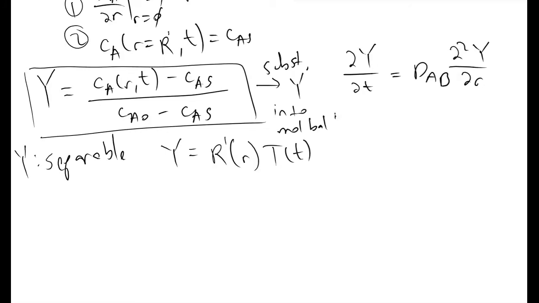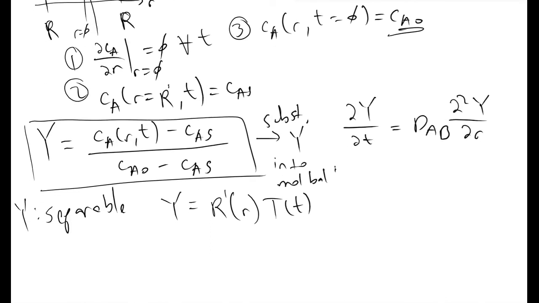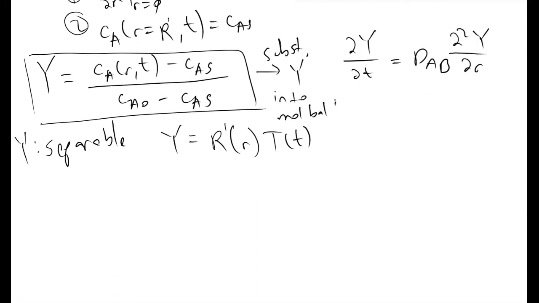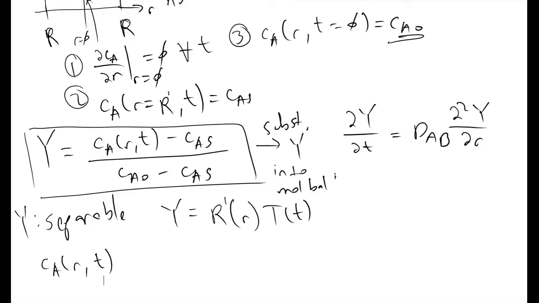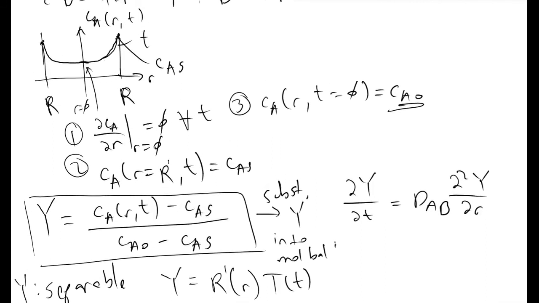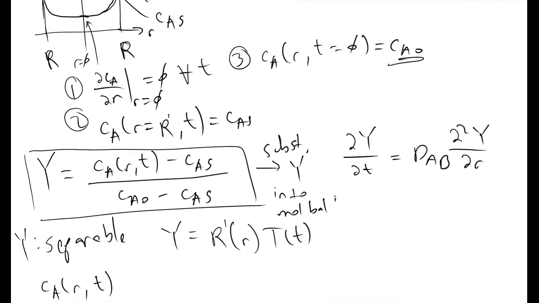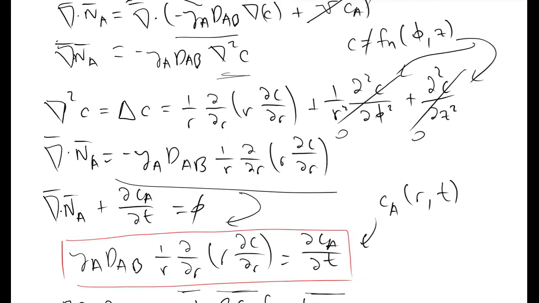Then, with these boundary conditions, we can rewrite what y is, as well as perform separation of variables to ultimately arrive at what CA as a function of r and time is. And that's about it. I'll let the mathematicians out there actually evaluate this, but the main point was setting up this problem and reaching this final result. Let me know if you have any questions, and thanks for watching.